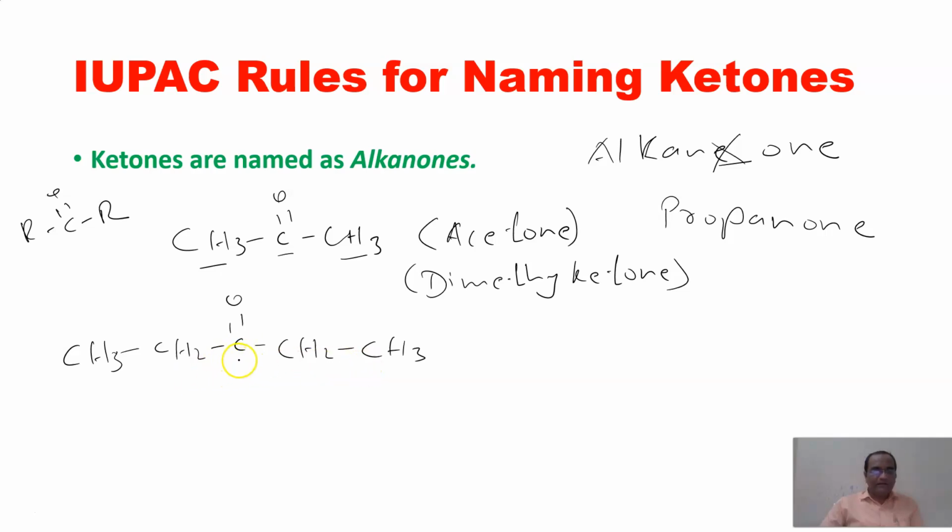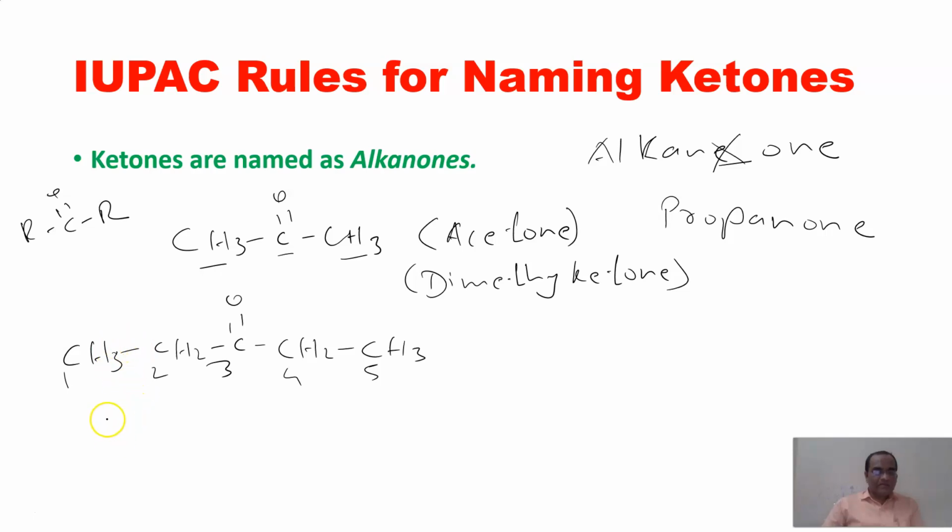If I locate the ketonic functional group by numbering, firstly select the longest chain. So there is no need to worry about the longest chain. After it, number it. By numbering it, you can see that the carbonyl functional group is at the same location from both the sides. If I number this 1, 2, 3, 4 and 5, or if I start numbering from the other carbon, it will be similar.